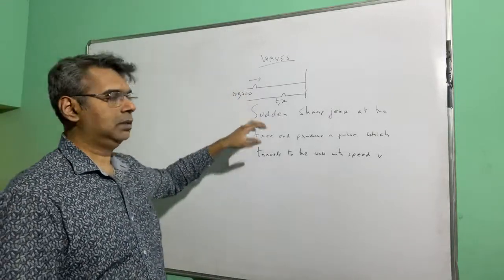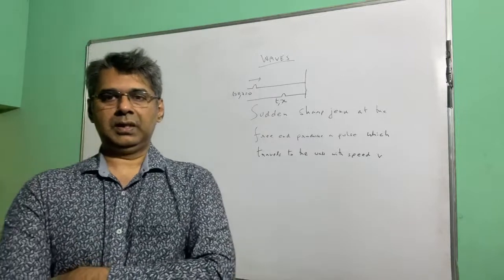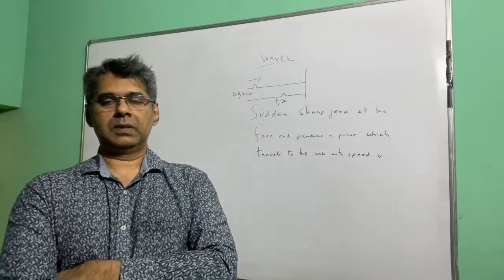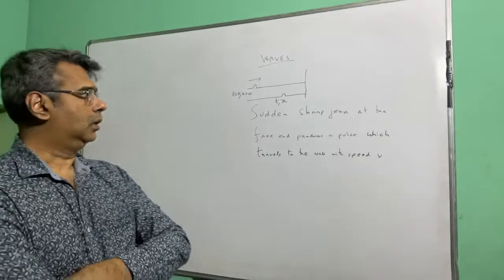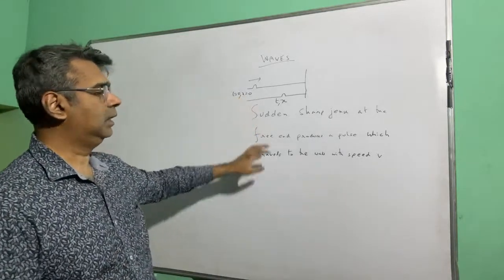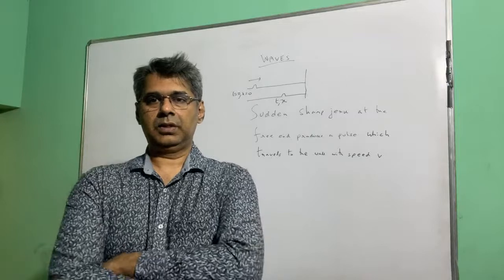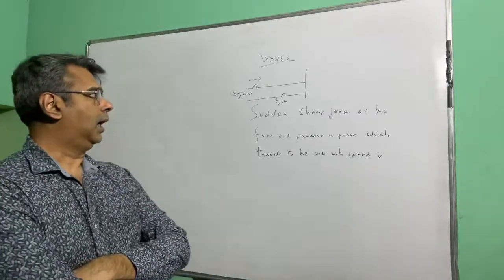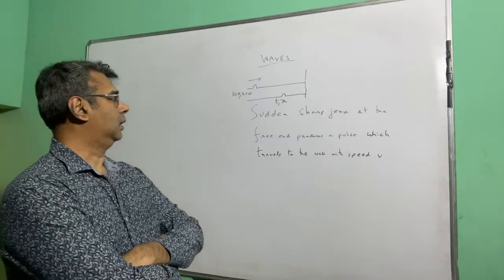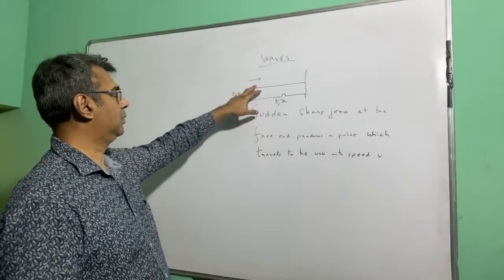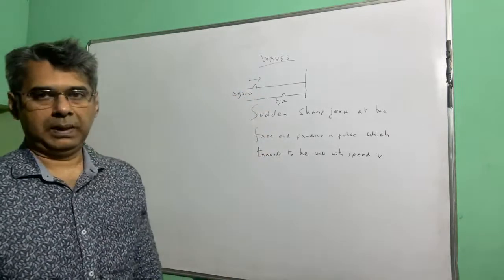The person who is holding the string in his hand gives a sudden sharp jerk to the string, and that sudden sharp jerk will result in the formation of a pulse.